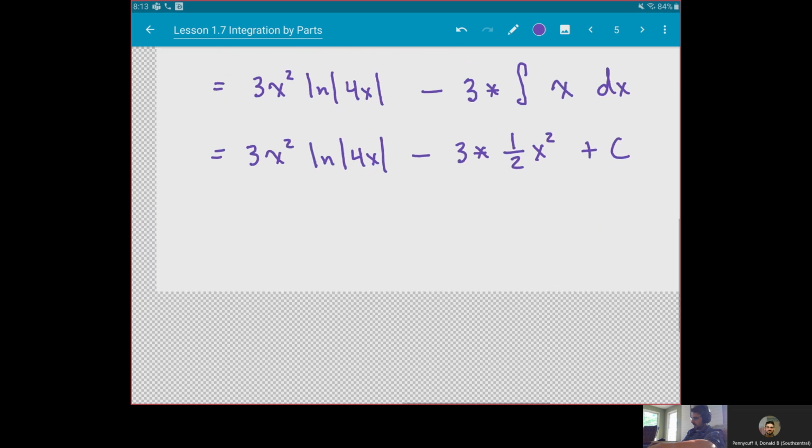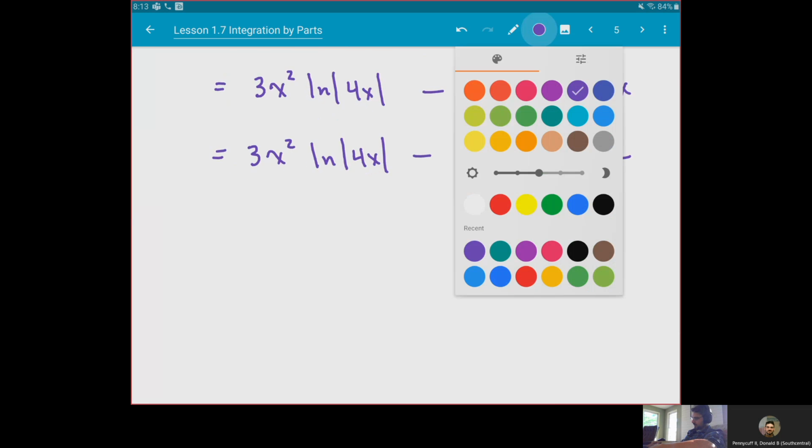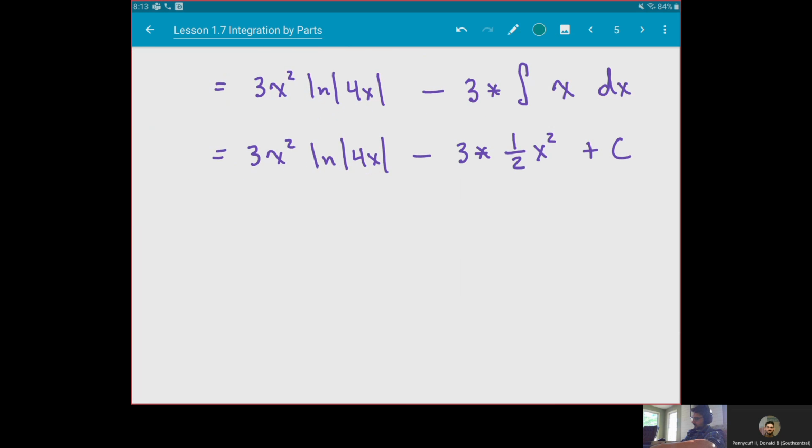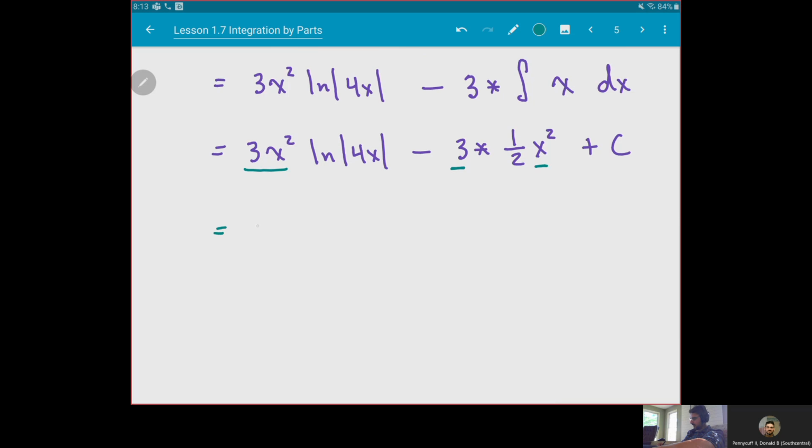All right, now right here, let's look and see what we can pull out. Looks like we can pull out a 3 and an x squared out of both pieces. And so this will give us 3x squared times ln of 4x minus 1/2 plus c.